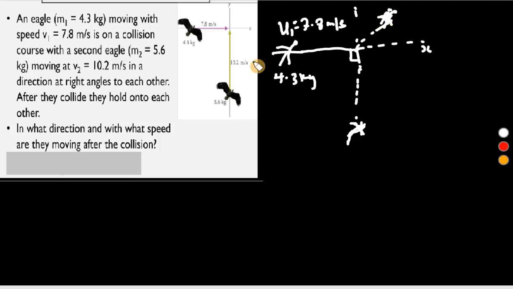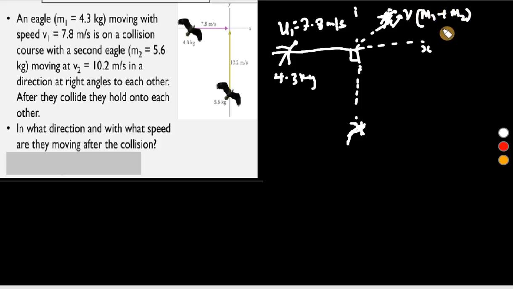They both stick together. So the question says after they collide, they hold on to each other and move with a common velocity. So of course the mass will be mass of the first one plus mass of the second one.